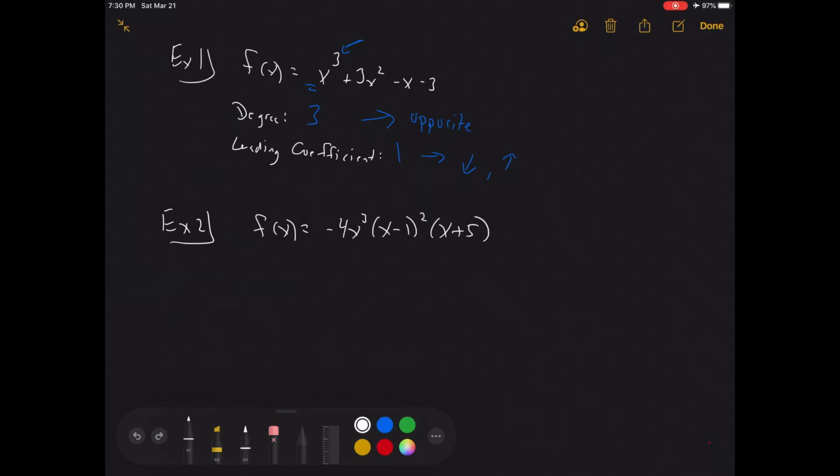Now here's the thing. If you did FOIL it, you would have to eventually multiply this term times this term and times this term. But don't forget that you can't just distribute this square to here, that's not the way that works. Once you FOIL x minus 1 times x minus 1, you would eventually get an x squared as the highest power term from the inside of that parentheses.